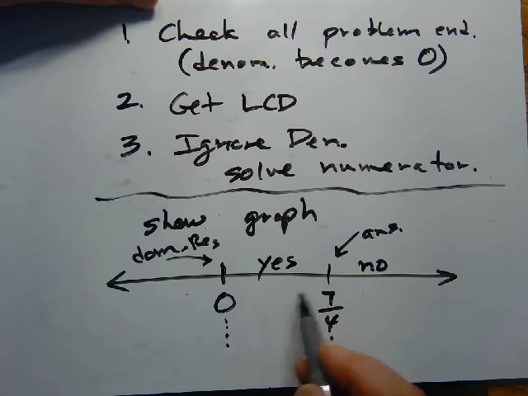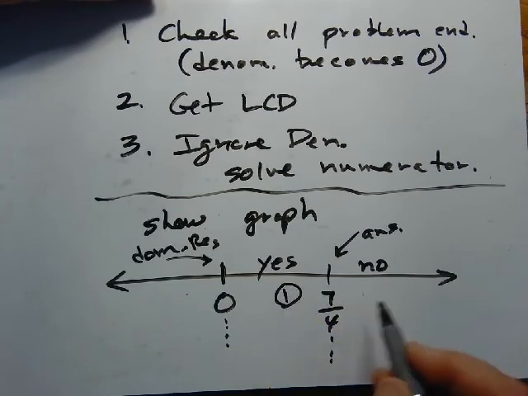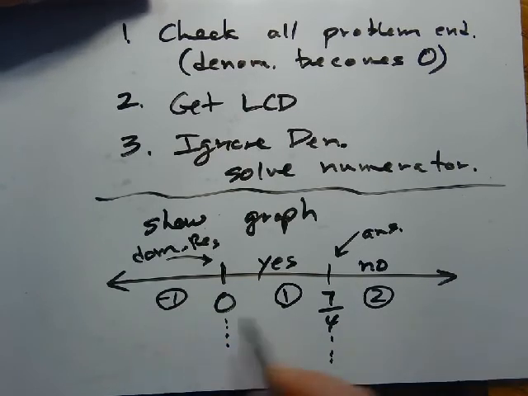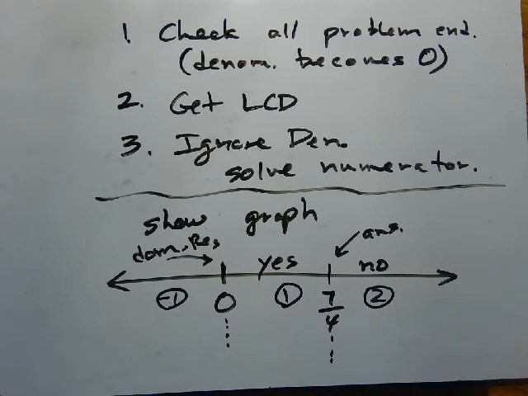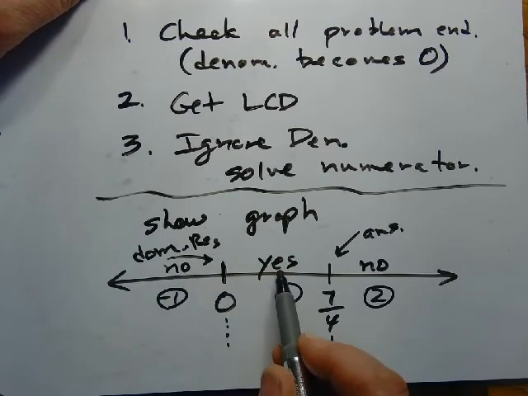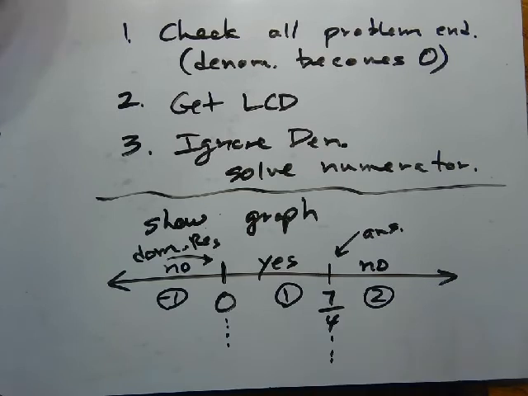Pick a number in the middle there somewhere, any number that's easy to work with. Here I picked 1, here I picked 2, here I picked -1. Just pick any number that will make it easy to stick back in the original problem, and you'll be able to determine which ones worked. Here, just the ones in the middle worked, so our answer would just be these in the middle.